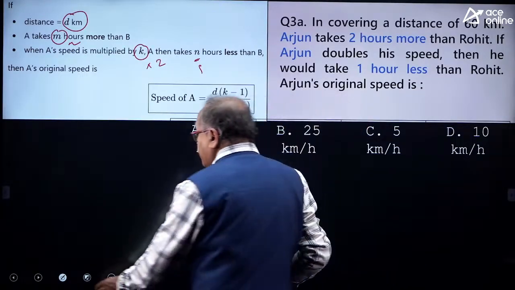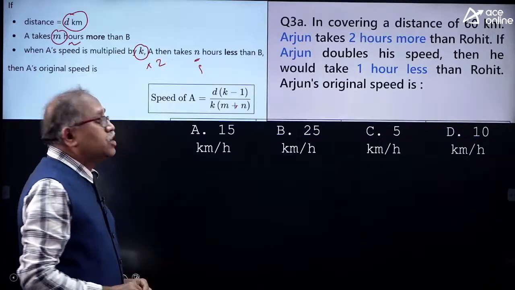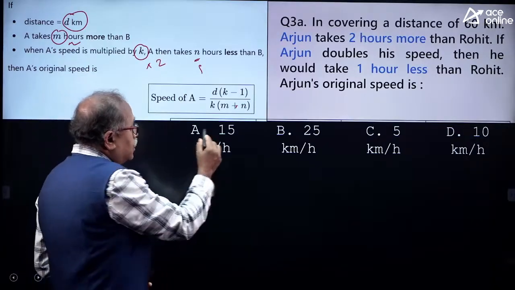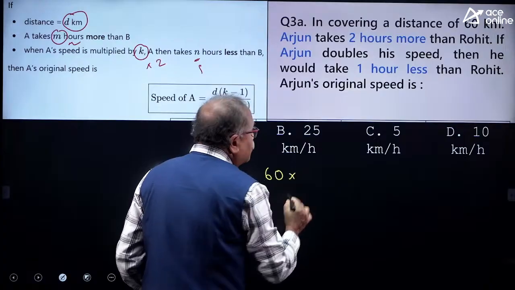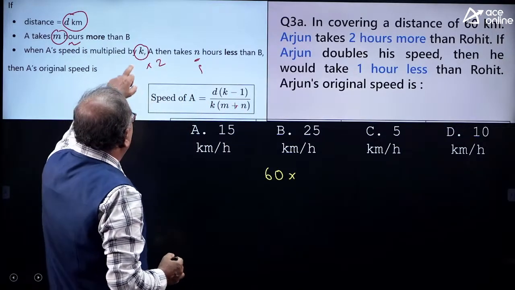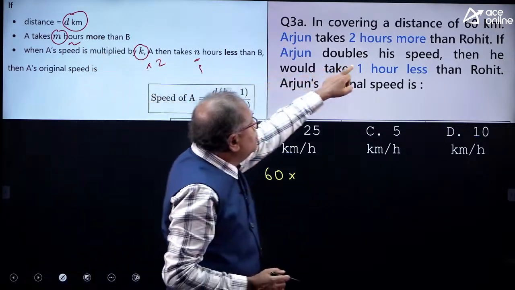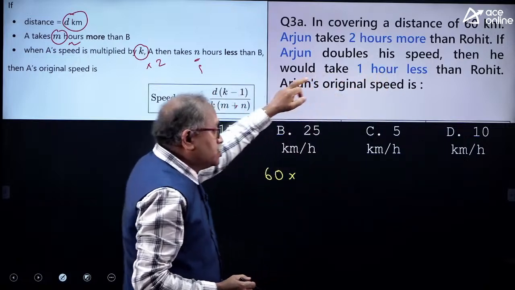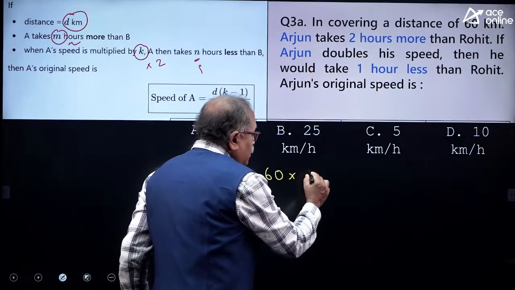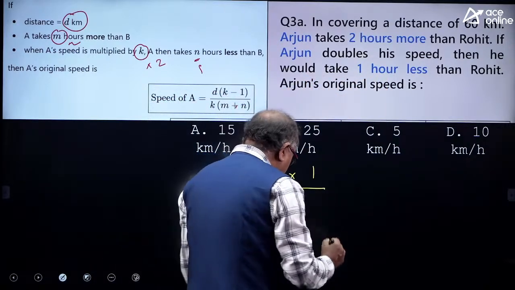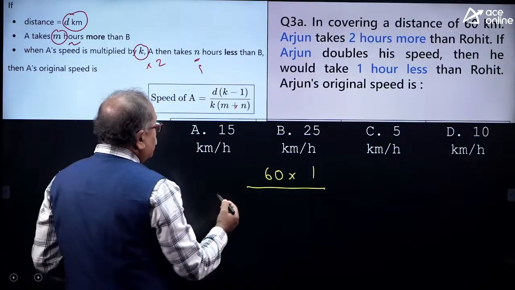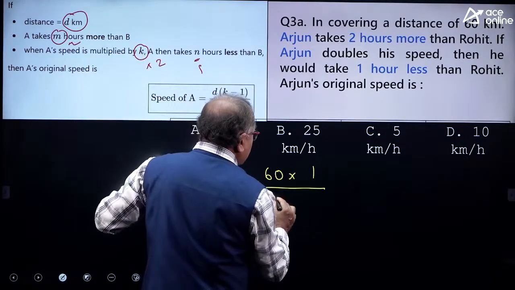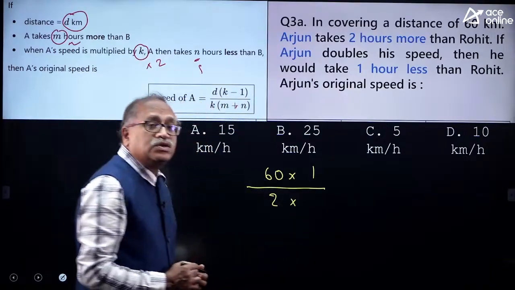Let's apply this formula and see how simply you can get the answer if you know it. The distance given to us is 60 into k minus 1. How many times? 2 times, double the speed. So 2 minus 1, that is 1, by k, that is 2, times the difference of time.